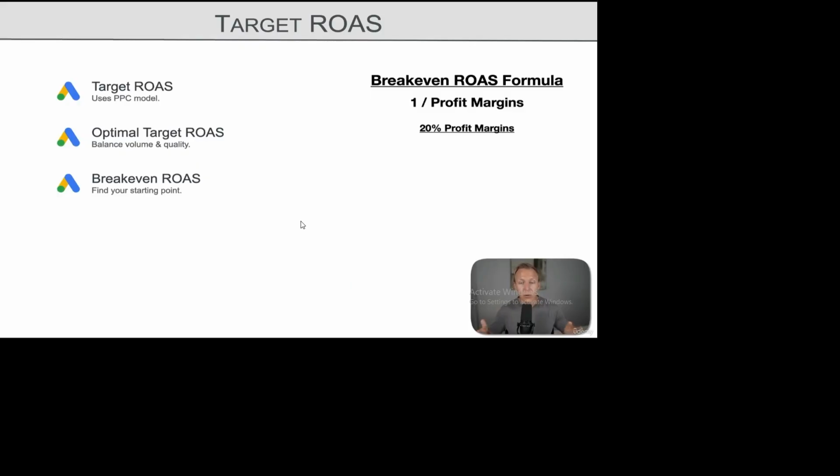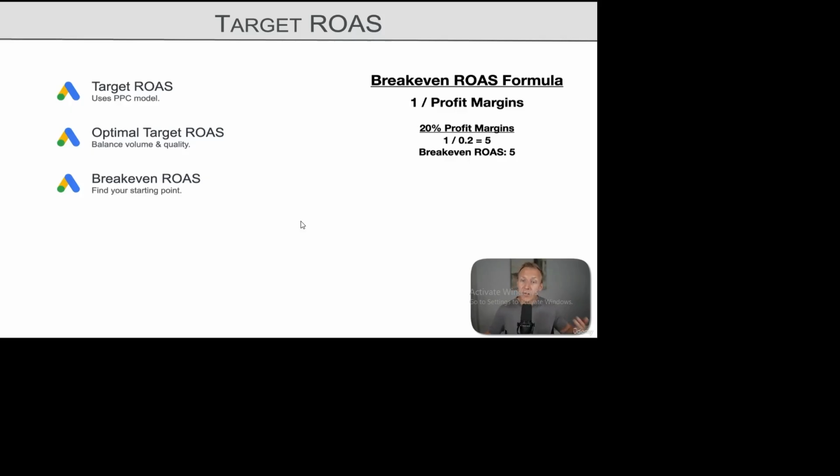So let's say that your profit margin is 20% because you have cost of goods sold, shipping cost, maybe manufacturing cost, a bunch of different costs associated with it, so you're only getting a 20% profit margin. So you're going to take 1 divided by 0.2, which means your target ROAS for your break-even starting point is going to be 5, meaning if you manage to get a return on ad spend at 5, you will be breaking even.